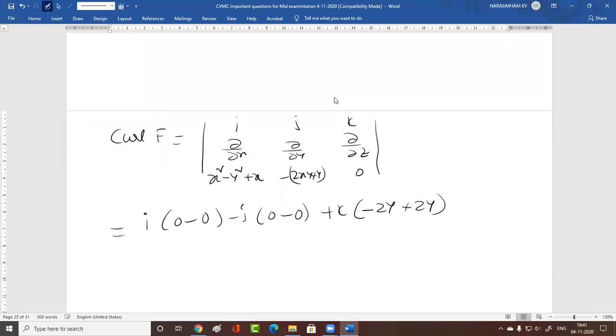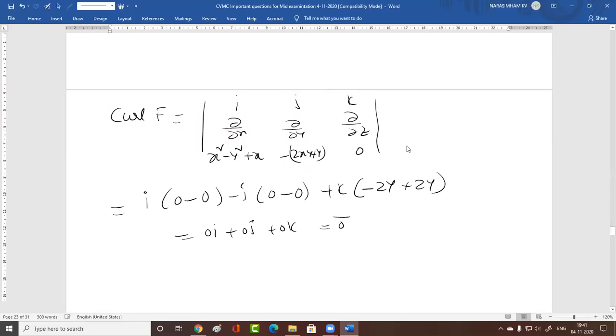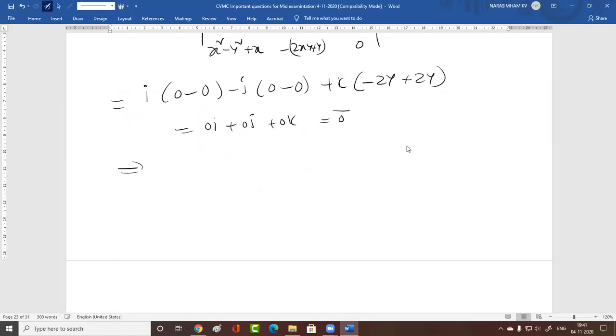So these two cancel. Finally 0i plus 0j plus 0k, nothing but 0 bar. So if curl f equals 0 bar, then we say that therefore f is irrotational.